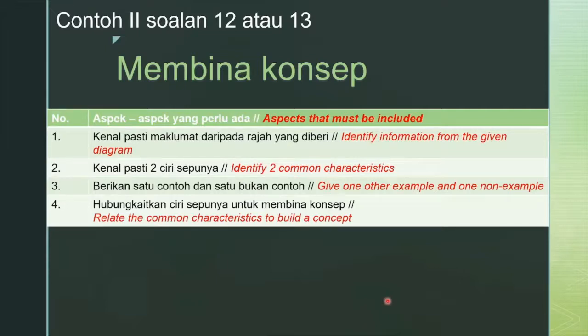Kita kena menganalisis gambar rajah yang diberikan. Baik, sebelum kita menjawab soalan B tadi, cikgu harap anak-anak murid boleh ingat untuk menjawab soalan membina konsep, kadang-kala soalan tidak akan memberikan petunjuk ataupun guideline. Jadi kita kena hafal apakah aspek-aspek yang perlu ada.